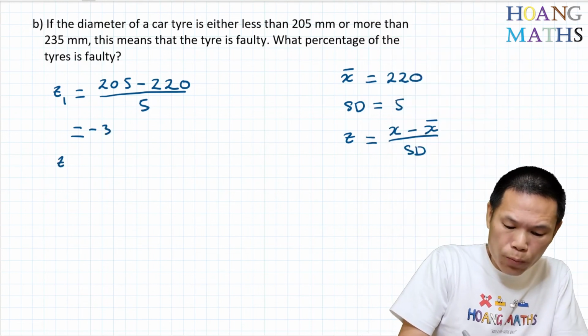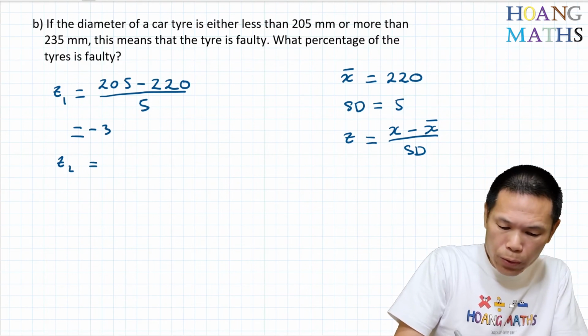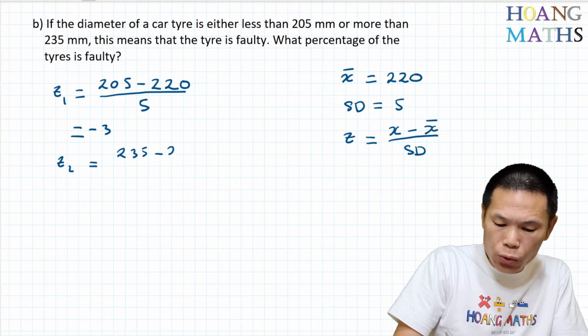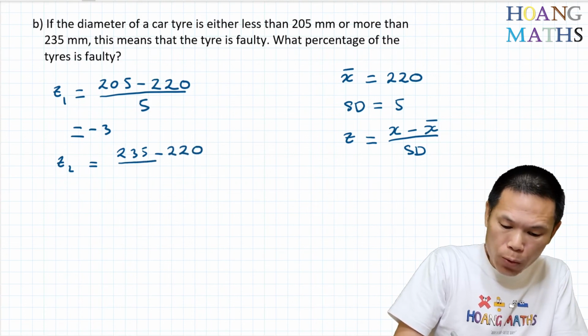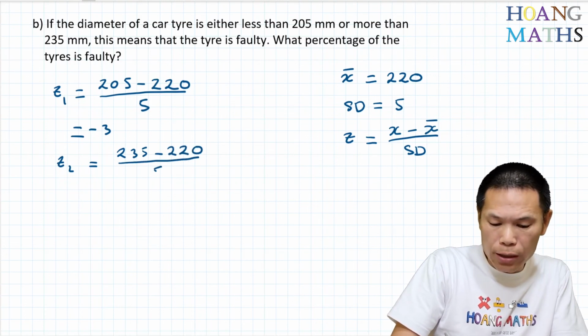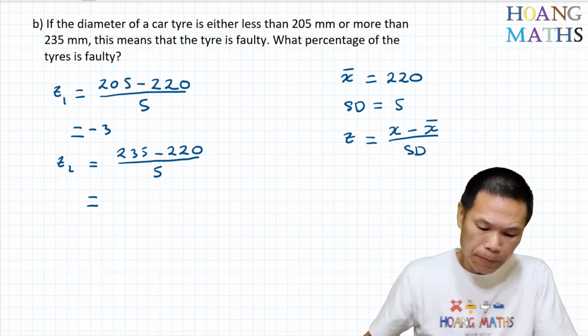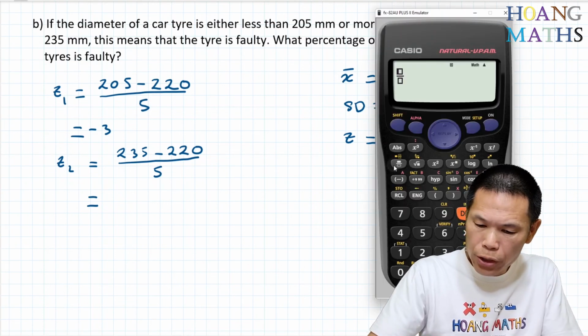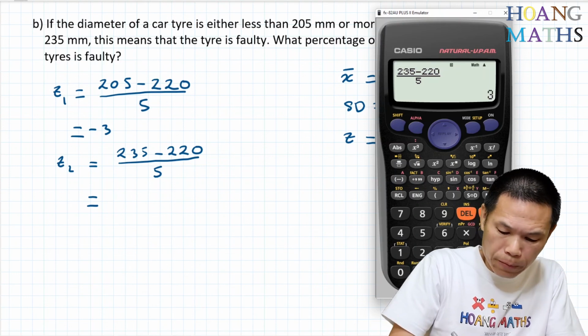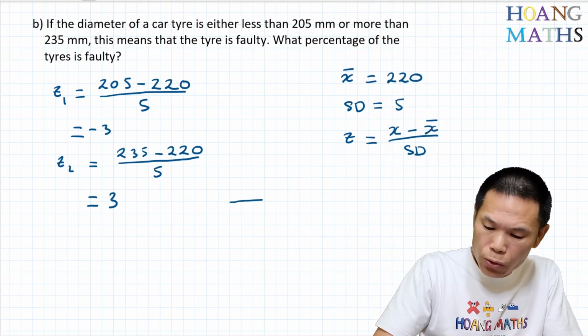And z2 is equal to, so we go the score 235 minus 220 over the standard deviations. So that is 5. So that will give me, so I just go fractions 235 minus 220 over 5. So that is 3. So let me just draw a normal curve.